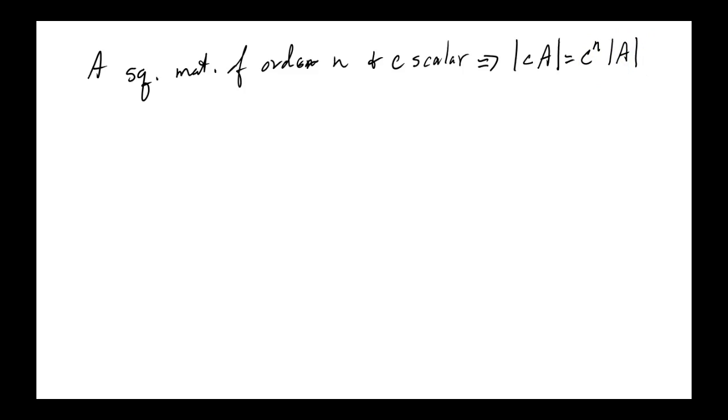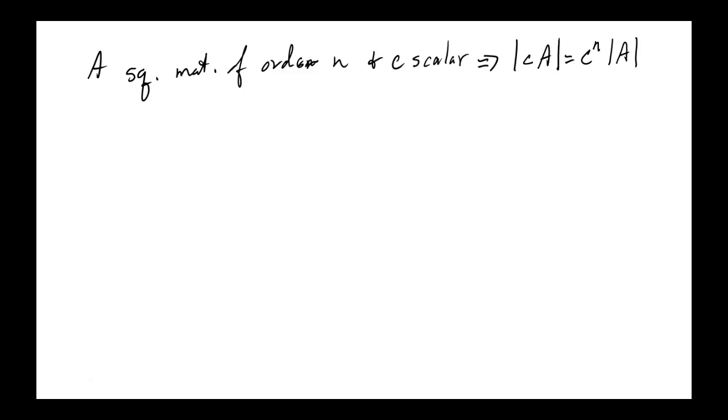Now why is that? Well, CA, that C is going to multiply by every element in A. So let's just imagine A was an identity matrix. So now that new matrix will be C00, 0C0, 00C, or whatever. You're multiplying by every element in there.